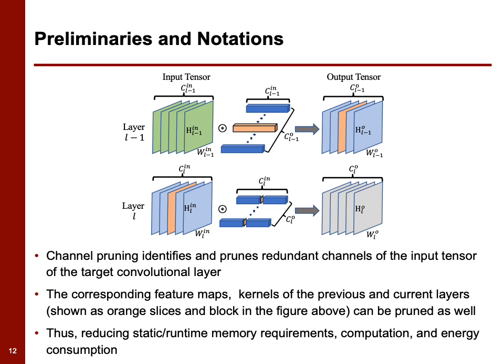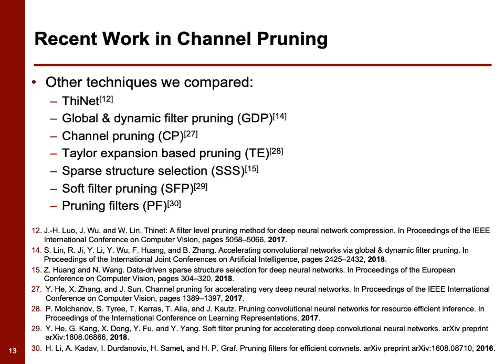For example, if the target layer is L and this orange channel is identified as redundant, then the kernel of the previous layer that generates this channel can be pruned, which is shown as the orange block, and a part of all kernels of the current layer, which is shown as orange slices, that correspond to the redundant channel, can be pruned as well. This channel pruning problem has gained attention recently with a lot of recent publications, and we will compare against these works.